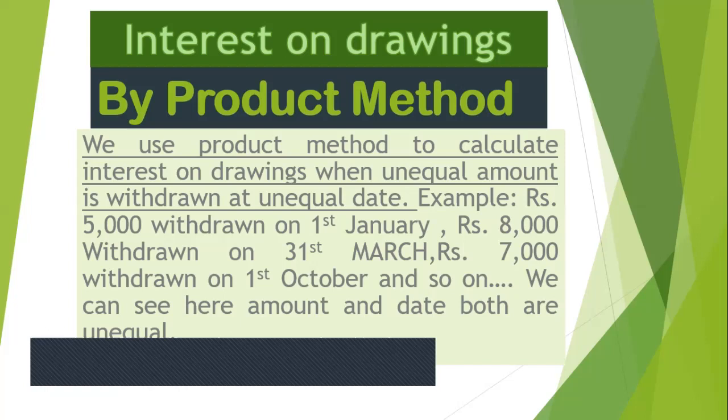Whenever they desire, they can withdraw the money. And at what amount? This is also not fixed. So this is the pattern of drawing when the partner uses this pattern. So in this case, we use product method to calculate interest on drawing. So here we can see amount and date both are unequal, right?